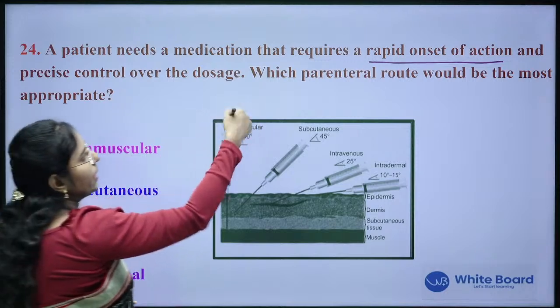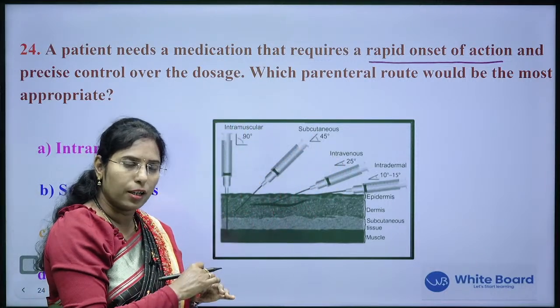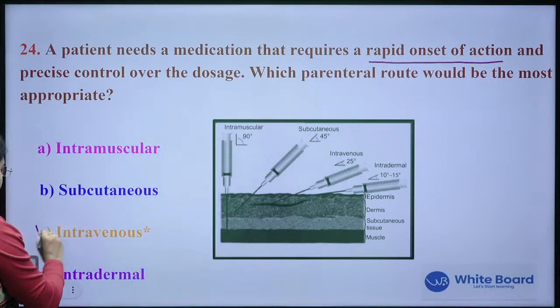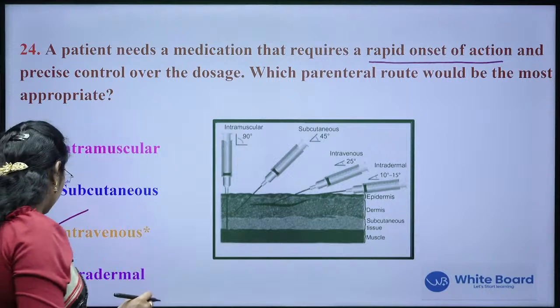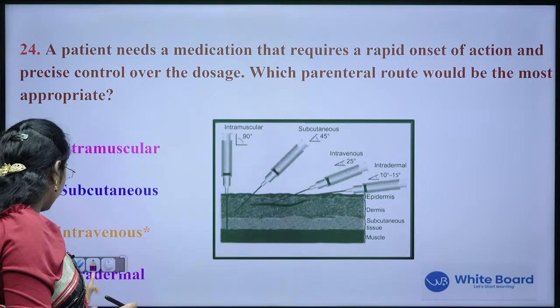So, for getting rapid onset of action, we have to introduce the drug directly into the blood circulation, so that it will have a rapid action. So, here intravenous is the correct answer. Coming to the next question.